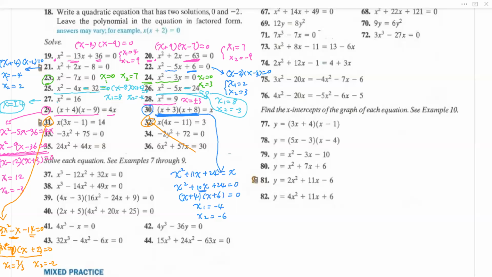Let's see 32. First is 4x squared minus 11x equals 3. So we quickly do it. Minus 3 equals 0. Right? One step we change here. Second, we do some factoring here. All right. So what do we need to do?